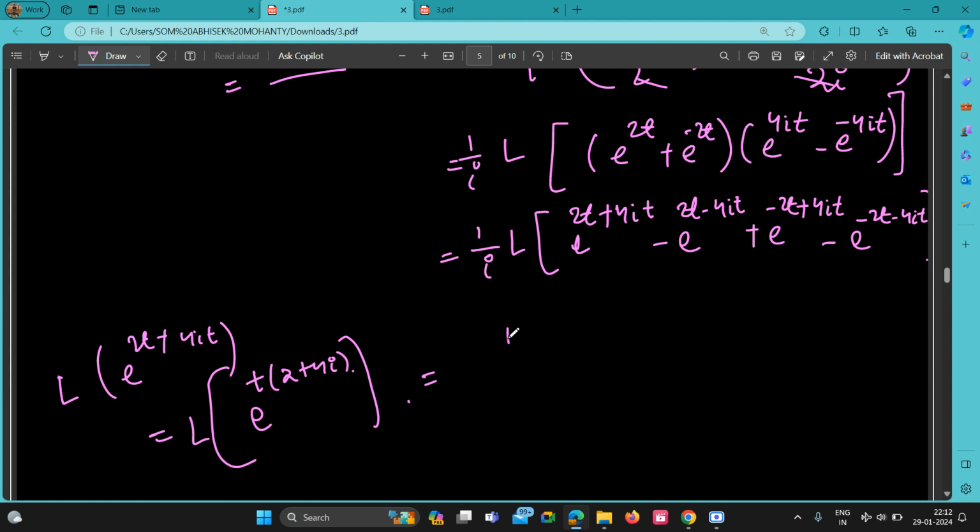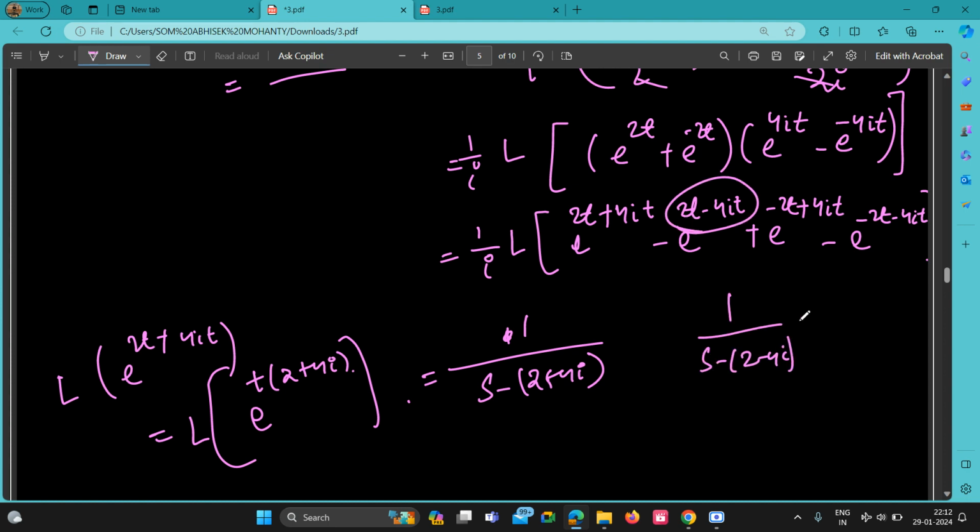So this will be 1 by s minus (2 plus 4i). Exactly like that, this one will be 1 by s minus 2 minus 4i, this one 1 by s minus 2 plus 4i, and it will go on like this. So you just have to calculate these values: take the LCM and calculate. I hope you understood this one.